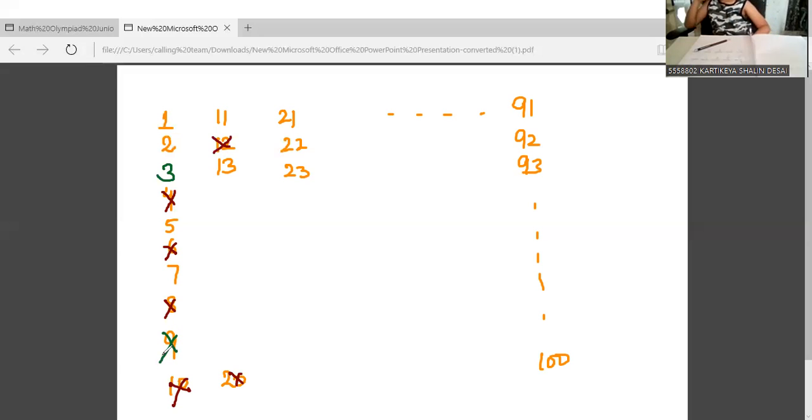Then 12 will be out. Then 15 will be out. All the numbers which are divisible by 3. Is it fine? Similarly, except 3, definitely except 3, because 3 is coming at its place for the first time. So it is divisible by only 1 and the number itself. That's why we'll consider that as a prime.